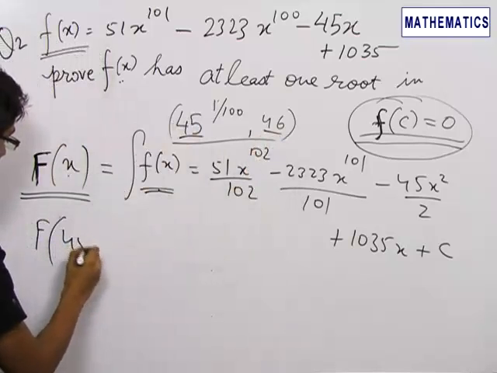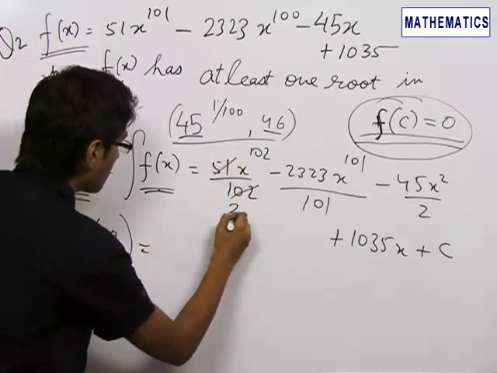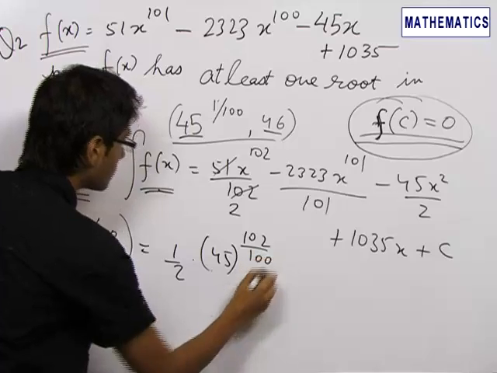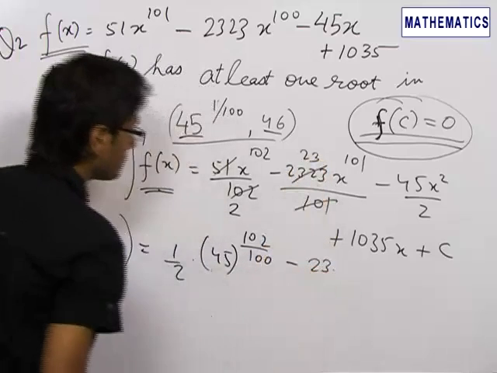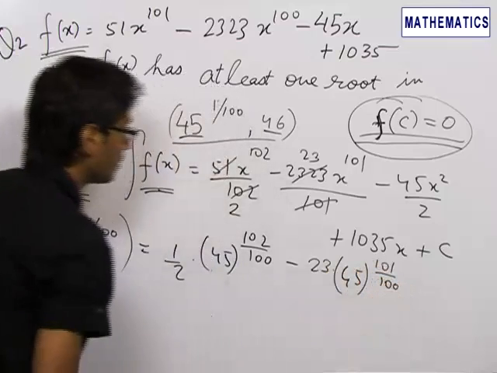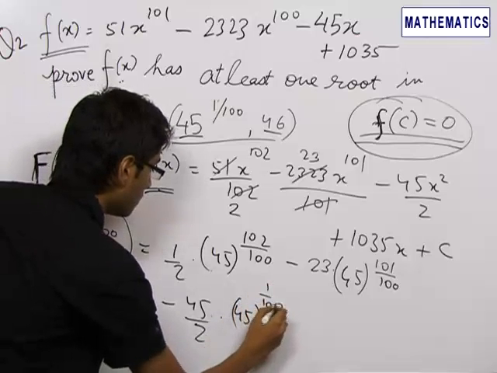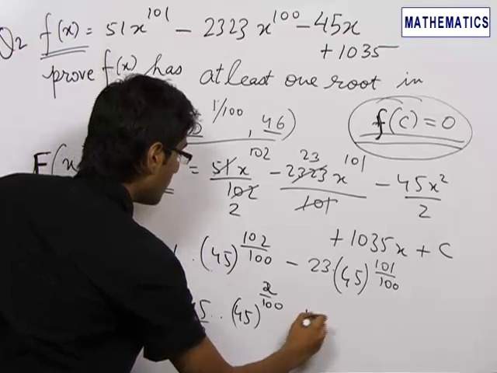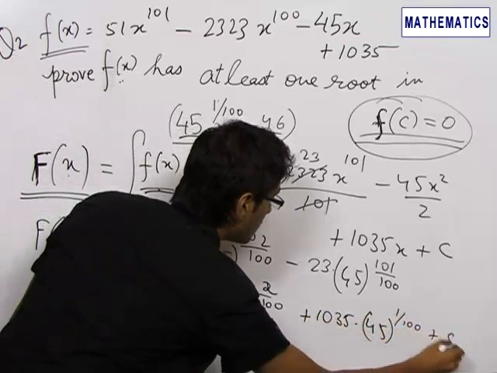So putting x equals 45^(1/100), we get 1/2 times 45^(102/100) minus 23 times 45^(101/100) minus 45/2 into 45^(2/100) plus 1035 times 45^(1/100) plus c.